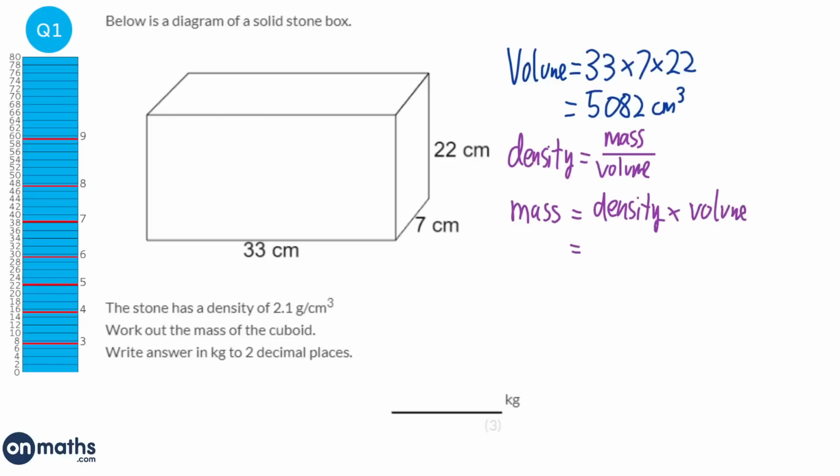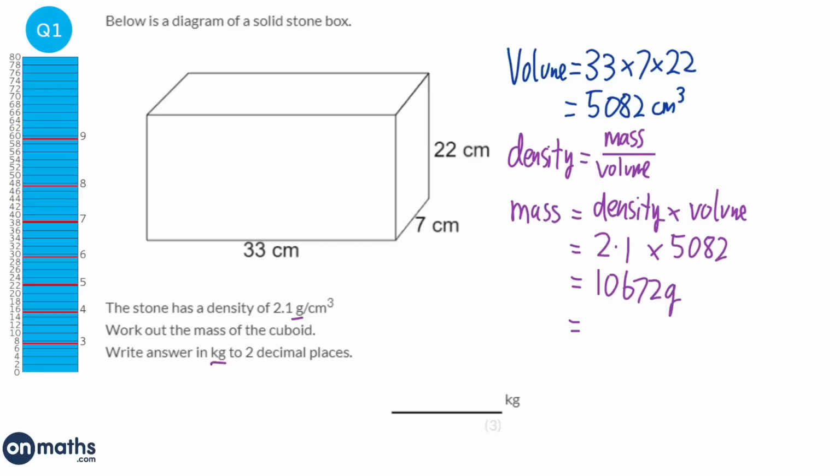Density is given to us in the question as 2.1 grams per centimetres cubed. Times that by the 5,082 for the volume, and we get the answer of 10,672. And then that will give us grams, because our density is in grams, but the answer is asking for kilograms.